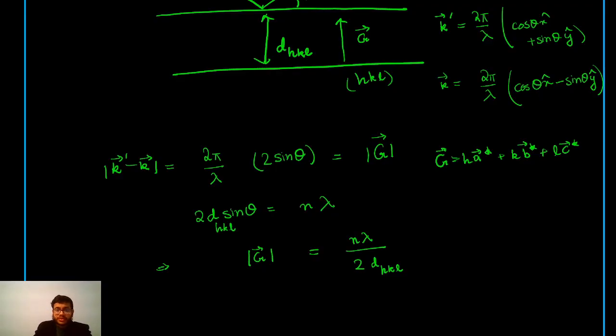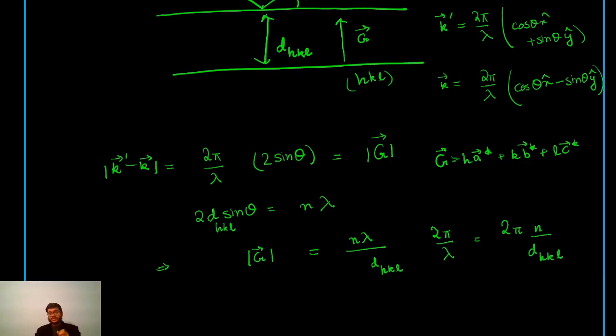Not 2 d_hkl, d_hkl. So 2 sine theta is n lambda by d_hkl, and this is 2 sine theta times 2 pi by lambda. When lambda cancels out, you see that g is 2 pi n by d_hkl.